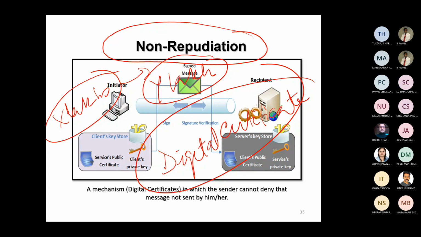And if it is a mailing mechanism, or an application which exchanges through a browser, both at the browser level and the server level, you can have something called SSL, Secure Socket Layer, which exchanges the digital certificate for non-repudiation. Tomorrow, the sender cannot come back and claim that the message has not been sent by me.